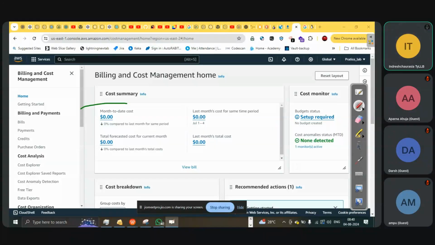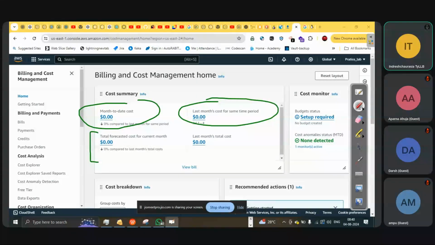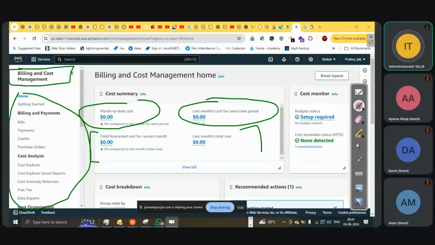Here you will see the month-to-date cost, how much bill was generated last month, who is consuming what, and whatever you purchased. This access is given only to management people. No developer or operations team will have access to billing and cost management. So this is also one headache for the company, to manage an account in terms of money.